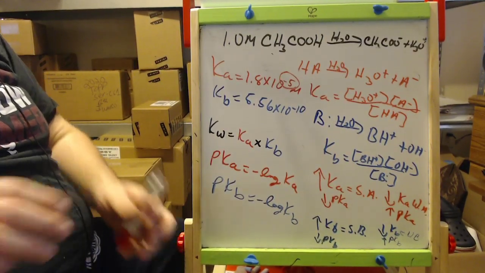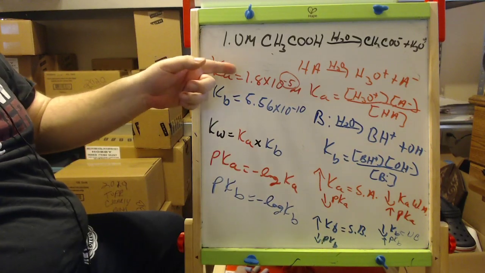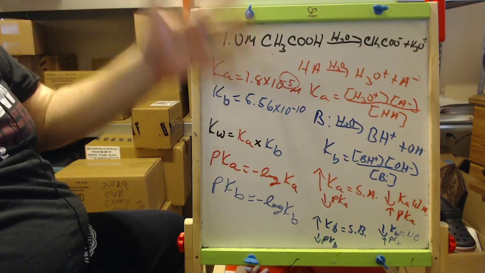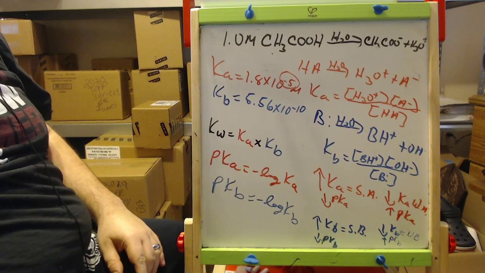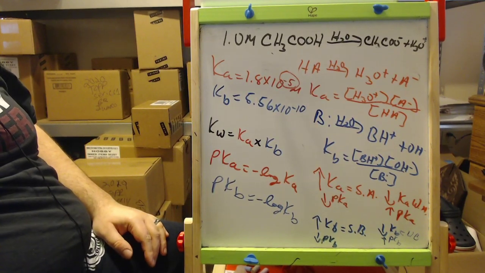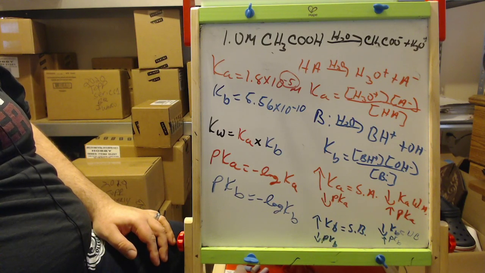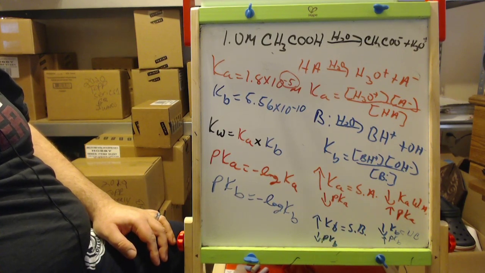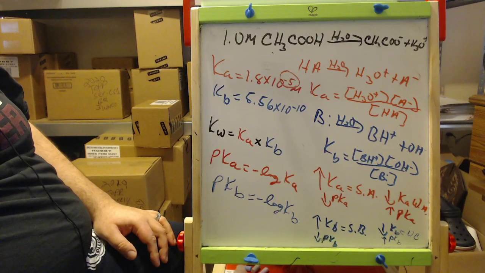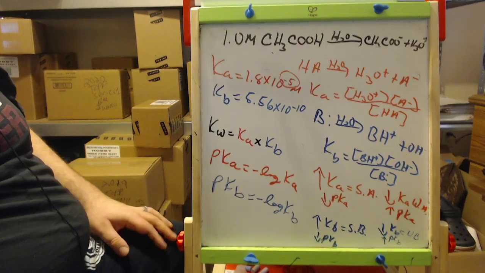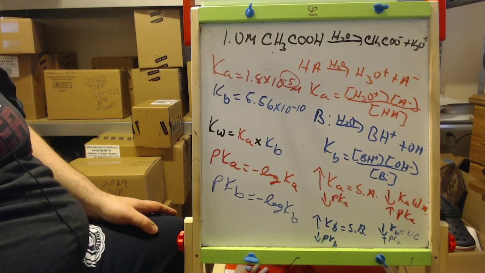That being said, let's say we had this problem, and we had to do icebox, but they didn't give me Ka. Instead, they gave me 1.8 exponent negative 5, and let me take the log of that number.